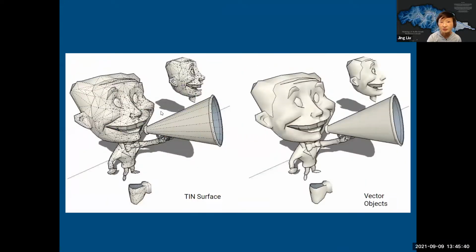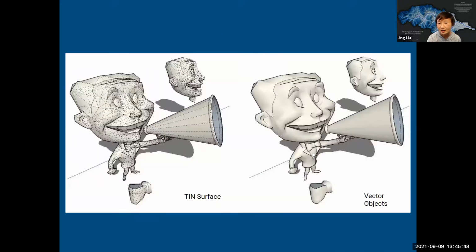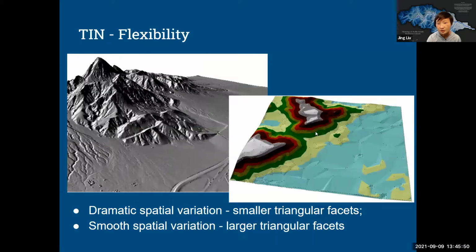The TIN model, like you see in the definition, is an irregular network. We basically use triangles, like you see here. So you can see I can use larger triangles or polygons to represent those flat areas. I can use smaller triangles to represent the mountainous area.